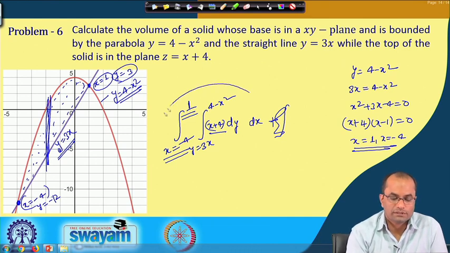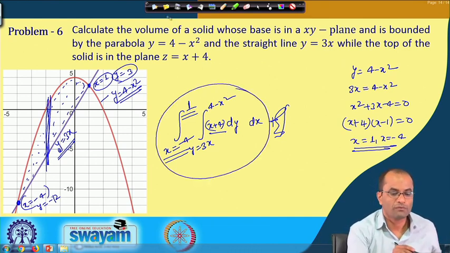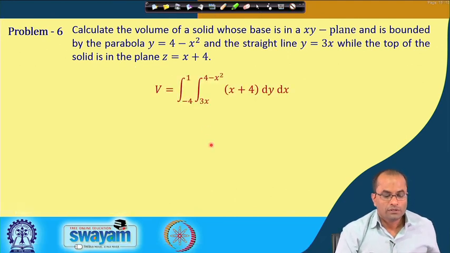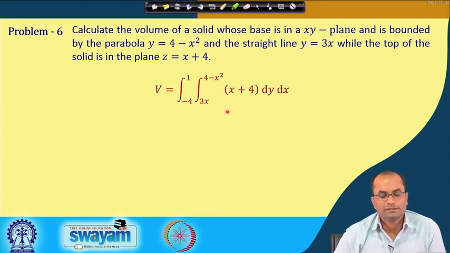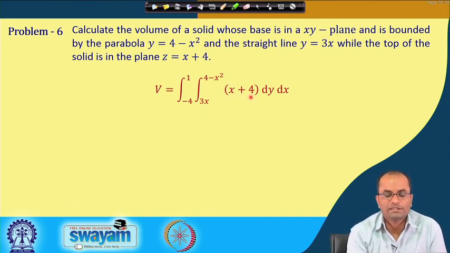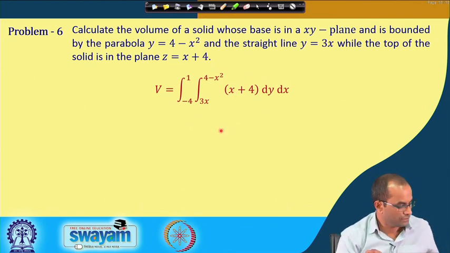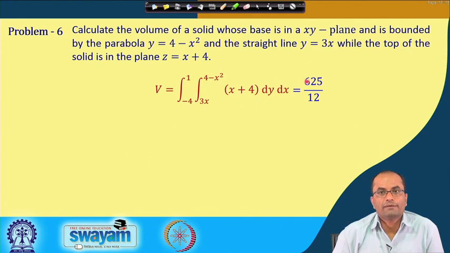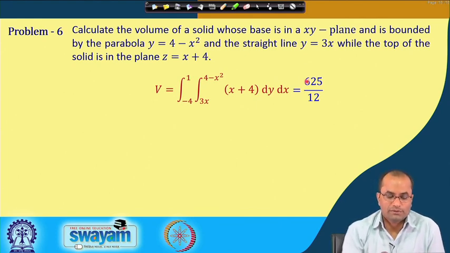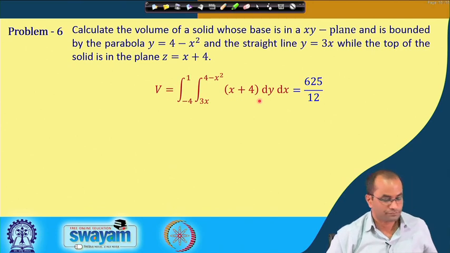We just need to integrate this simple integral to get the value. This is the volume in terms of the double integral, and after the calculations the value comes as 625 by 12.